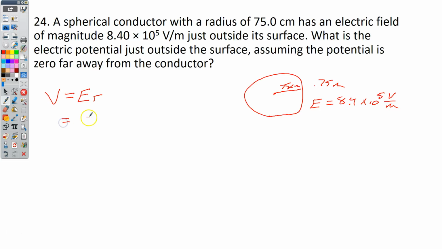So this one is really pretty simple to do. It's just 8.4 times 10 to the 5th, and we multiply it times that 0.75 meters. Remember, everything must be in kilograms, meters, and seconds. And if that's correct, we end up with 6.3 times 10 to the 5th, and then our unit is a volt. And that is the end of the problem set.